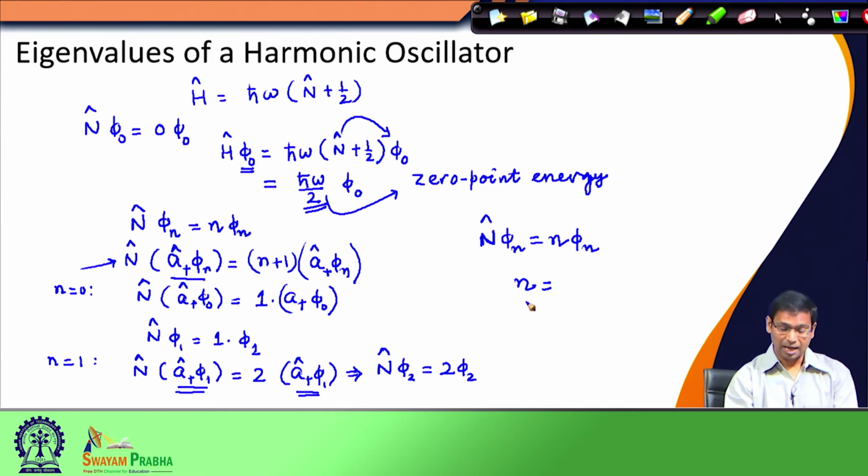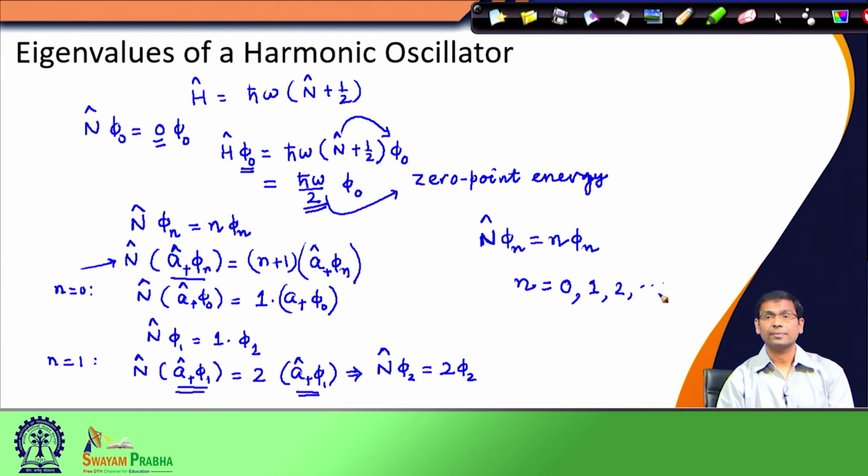But now I know something more about these eigenvalues. What do I know? The eigenvalues that I am getting are 0, this is where I got when n is 0. When n is 1, I am getting eigenvalue 1, then 2. So, now I see that the eigenvalues of this N operator are nothing but the integers 0, 1, 2, 3, 4, and so on.